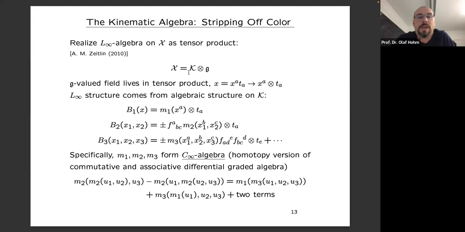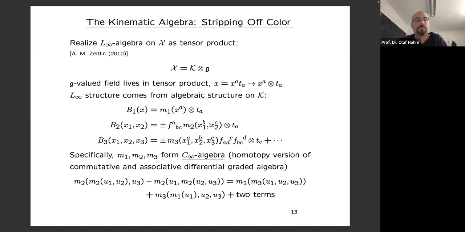So again, this tensor product notation is just a fancy way of saying that the objects in your theory are g-valued fields. So the fields and the gauge parameters and equations, etc., they live in this Lie algebra g. And so the notation I'm using is this one here. So a general object in the space has an expansion X^a T_a, where T_a are the generators of the group.